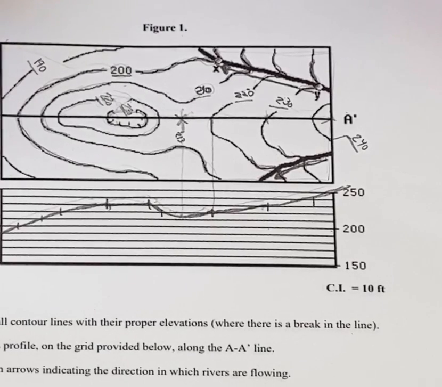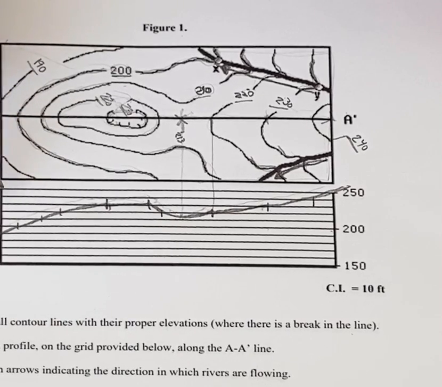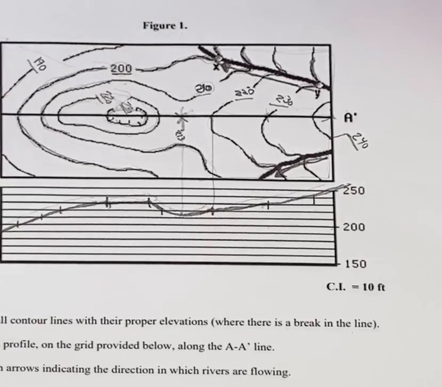Okay, so interesting stuff. But the point of this is to show you what these contour lines mean. Okay, and if you understand what they mean, then the ultimate goal would be to be able to figure out what they indicate and how to manipulate them. Okay.